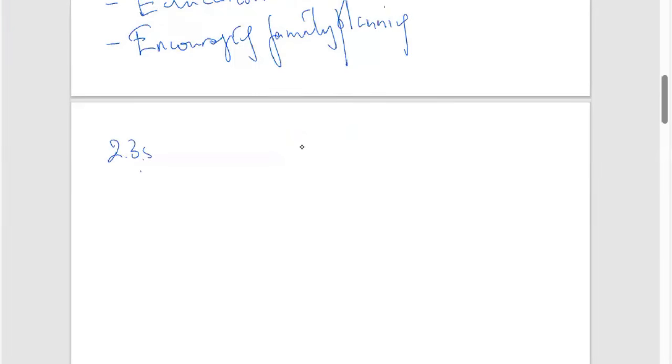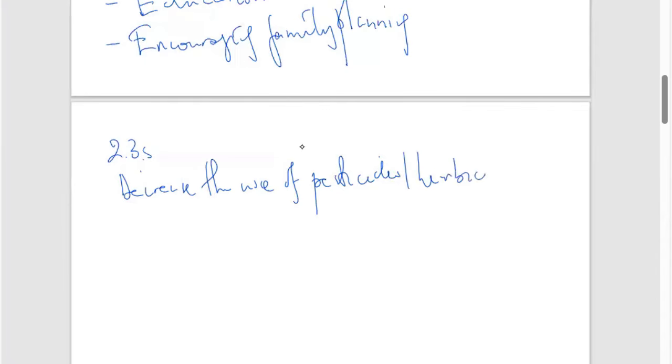I'll just highlight some strategies here. We can try to decrease the use of pesticides and also the use of herbicides.